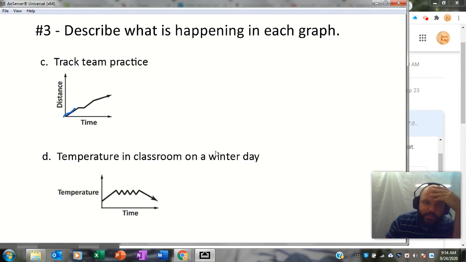Maybe you run a few laps, and then you have a break because you can see it flattens out. So time's going by, but the distance you've run is not increasing at all. So maybe you're taking a water break or something, or maybe the coach is talking to you. And then once again, we get started. Maybe you're doing some sprinting there, and then you back off a little bit and do some jogging after that because your distance is not increasing as quickly.